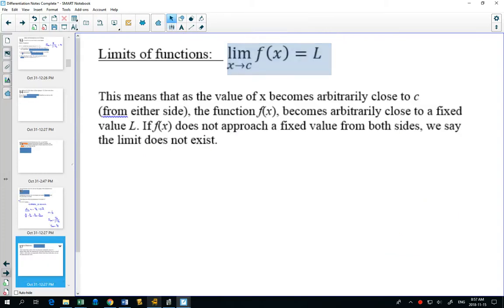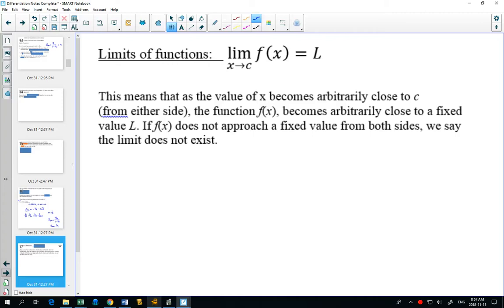Limits of functions. What is the limit as x gets close to c of a function? And some functions are going to be really, really easy to find.